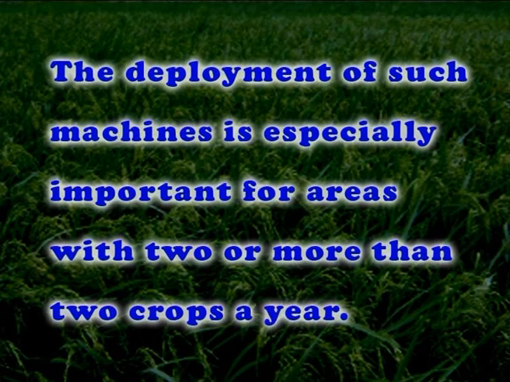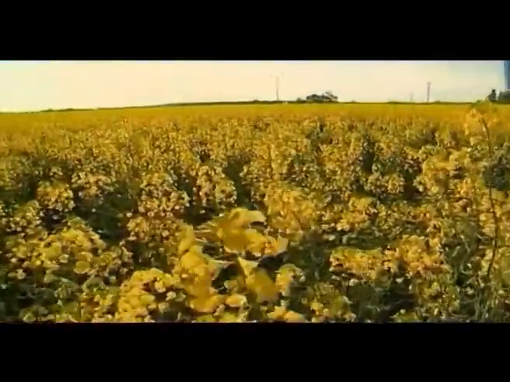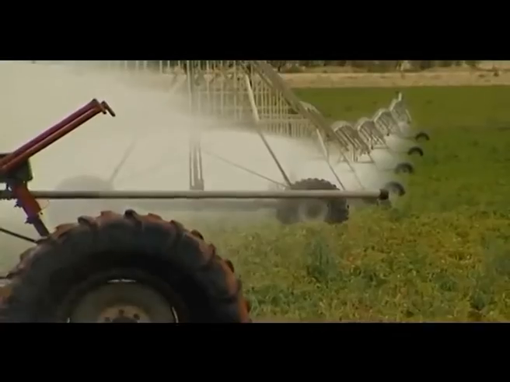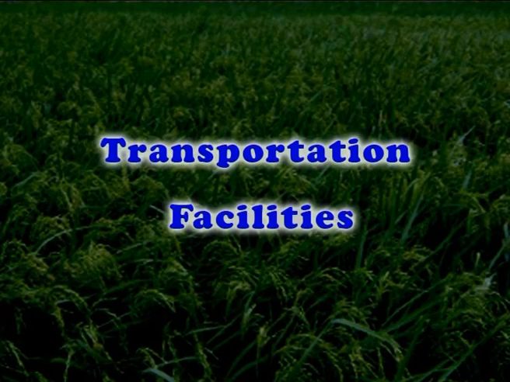The deployment of such machines is especially important for areas with two or more crops a year. The improved tools and farm implements can change appreciably the cropping patterns, cropping intensity and crop combinations, resulting in high agricultural returns. Next factor is the transportation facilities.